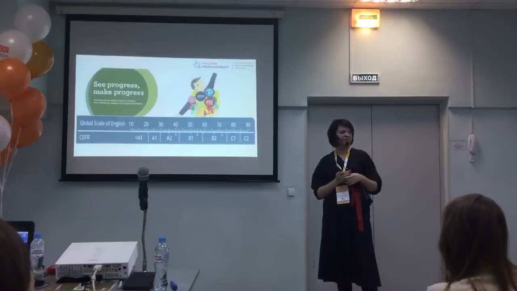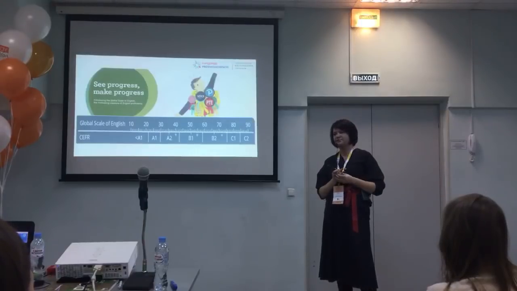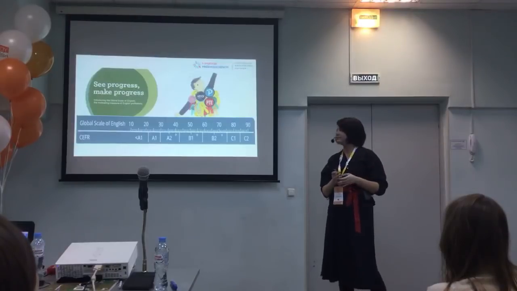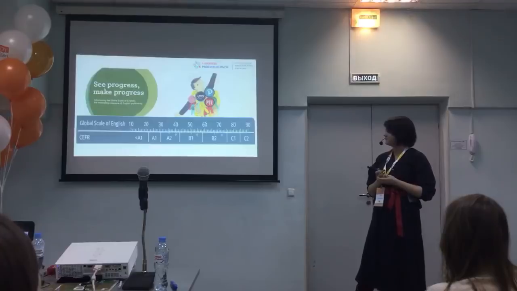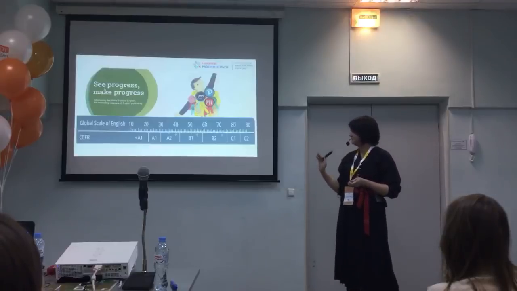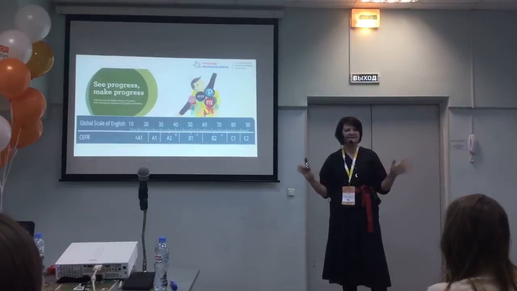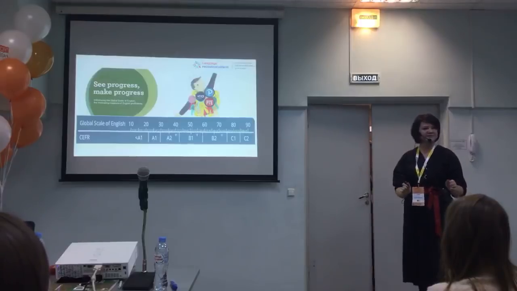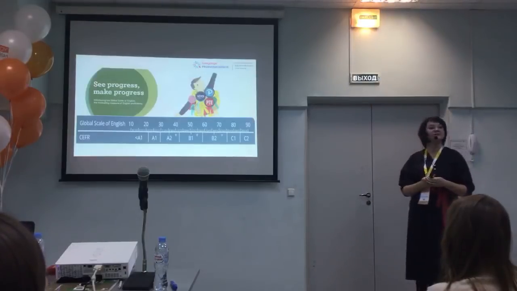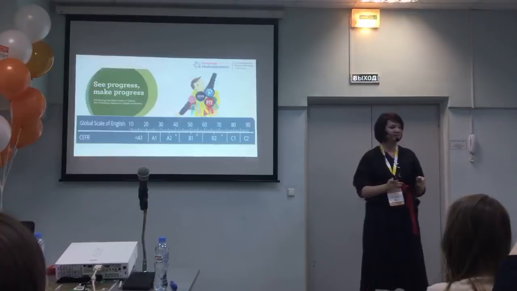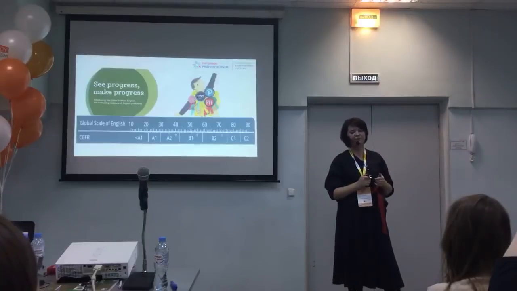Starting from A1 for elementary and moving on to C2 for those who have mastered a language. And the distance between B1 and B2 and C1 is really, really long. So a lot of our students get a feeling they are stuck, or even that they are moving backwards.